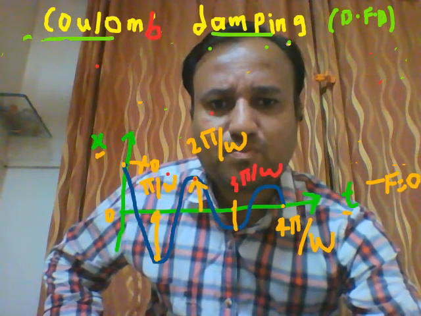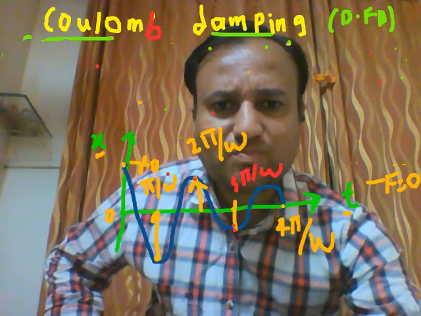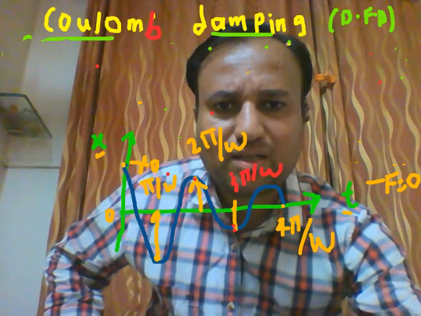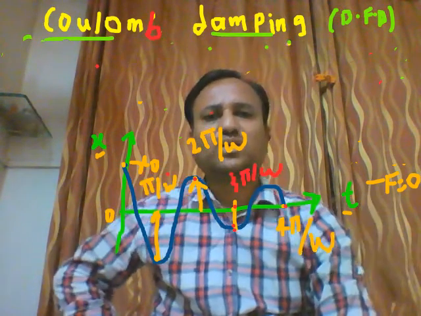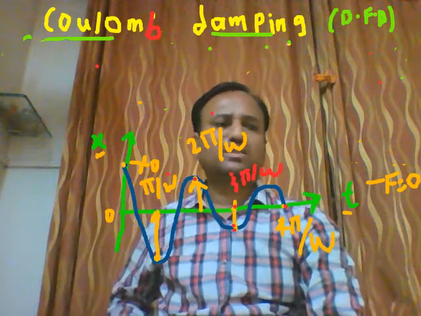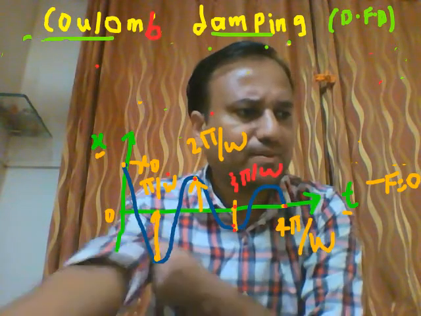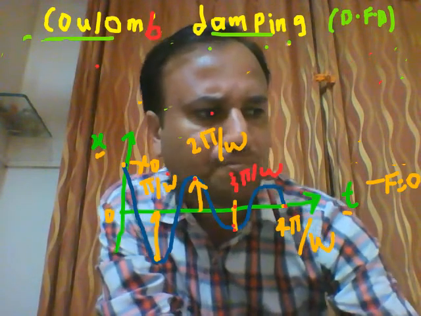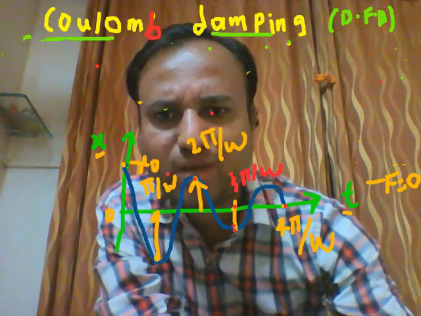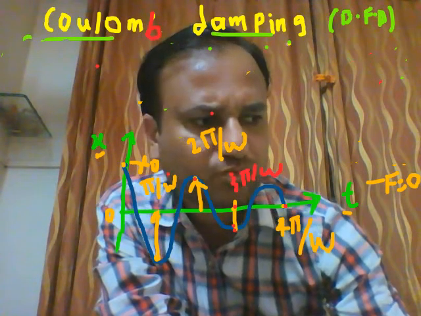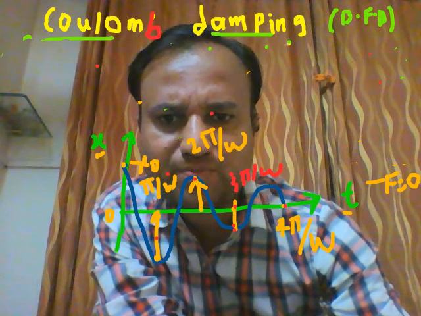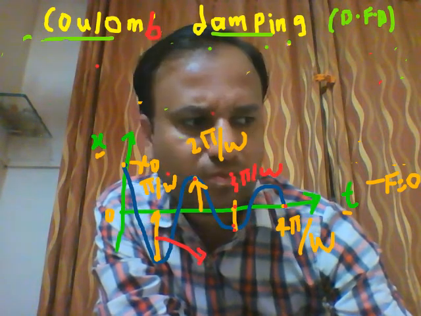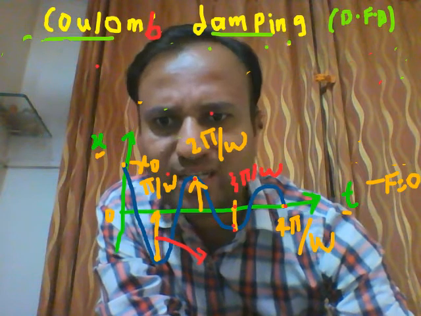So for 3/4 cycle, student, 3 pi by w is the time period. So for a complete cycle 4 pi by w is the time period. So as per investigation, the amplitude decays.